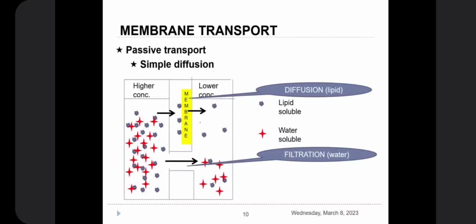It has two types. If the drug is lipid soluble, it can cross the membrane very easily and directly.